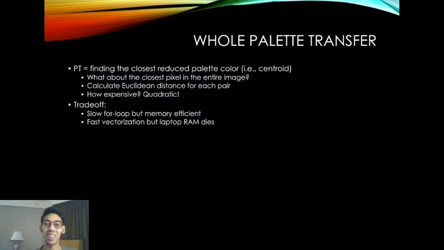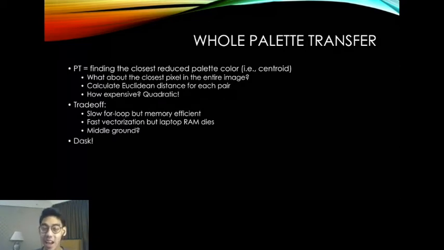You're not going to be able to store 100 million floating points without your RAM dying, right? So we can do the fast way with vectorization, but you don't have enough RAM. Can we find something in the middle? Not too slow, but still not overly memory exhaustive?